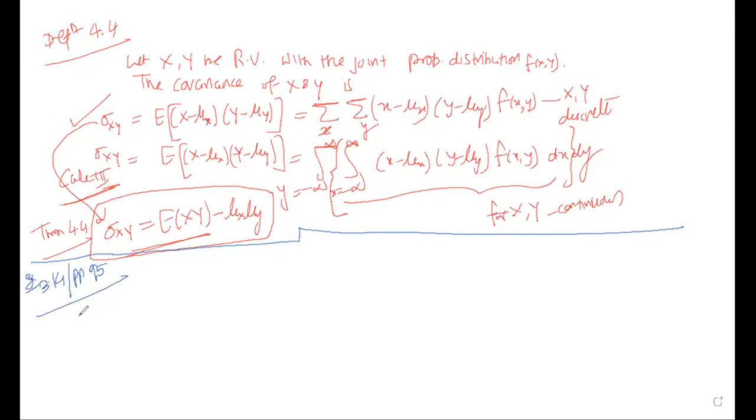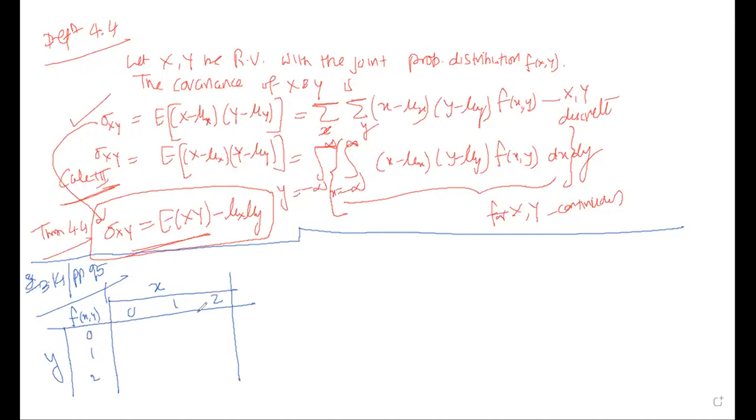So let me write it down. F of xy, and here are the values of x and values of y. X is equal to 0, 1, and 2, and y is equal to 0, 1, and 2.